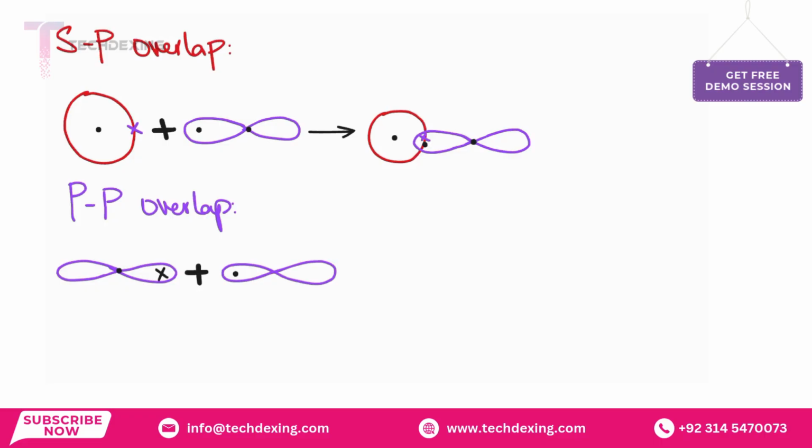And when the two atoms would interact in such a manner that the two orbitals are overlapping end to end, this is the manner in which the two orbitals can overlap.